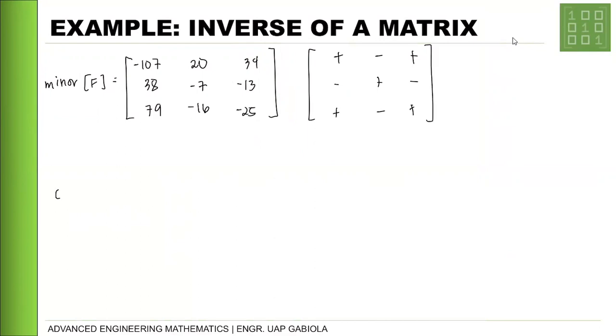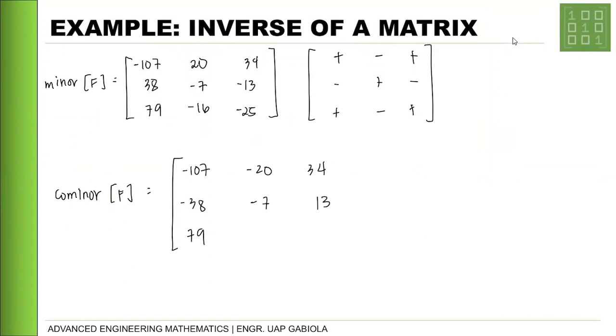Okay? Co-minor, yung matrix F, will be equals to, ito ay negative 107. Ito, kita nyo, negative times 20. So, negative 20, 34, negative 38, negative 7, positive 13.